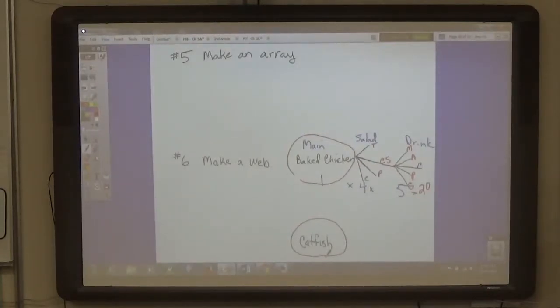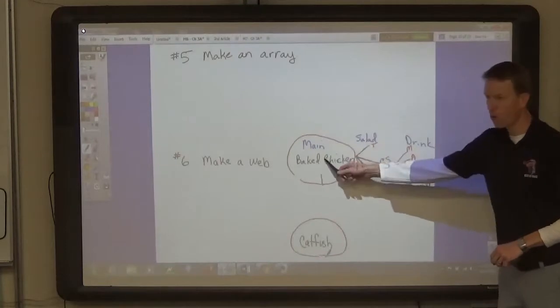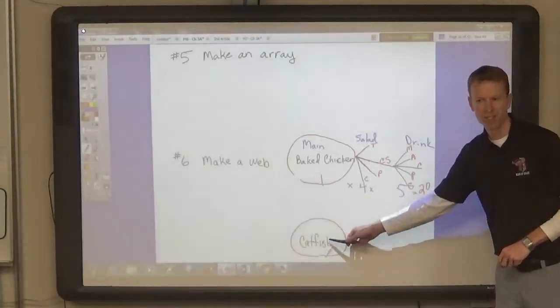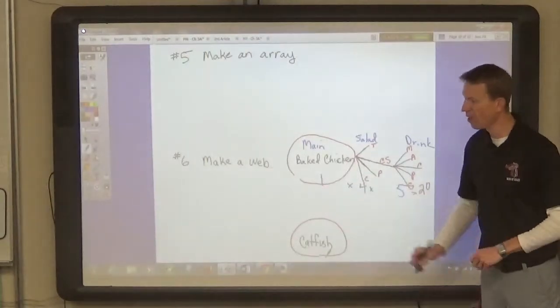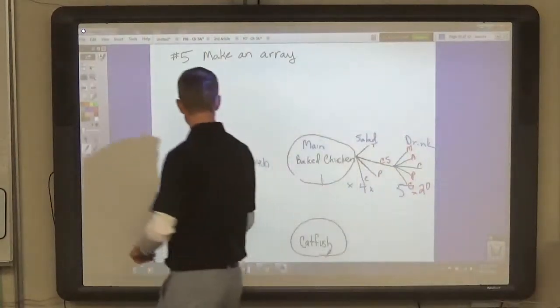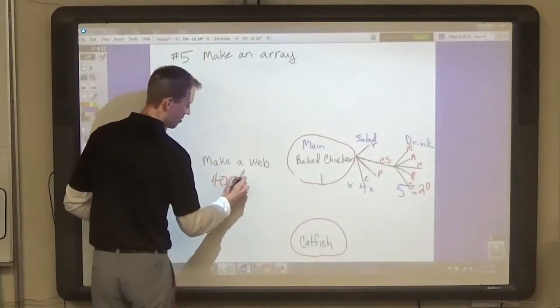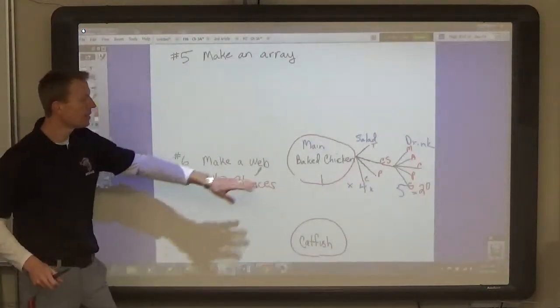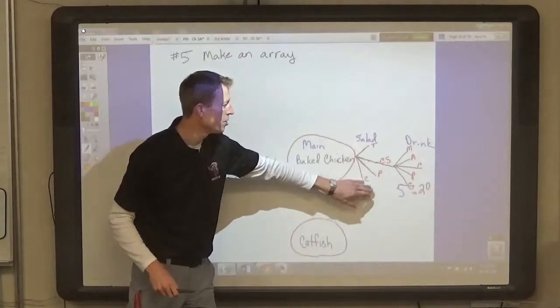Which one is it? 40, why? Because you just add 20 and 20. Yeah, there are 20 choices for each main dish, isn't there? So a total of 40 choices. Right?